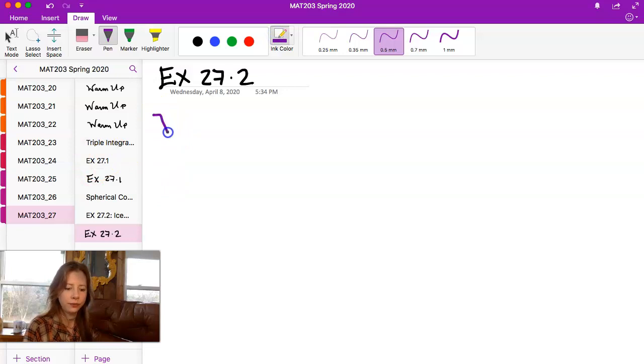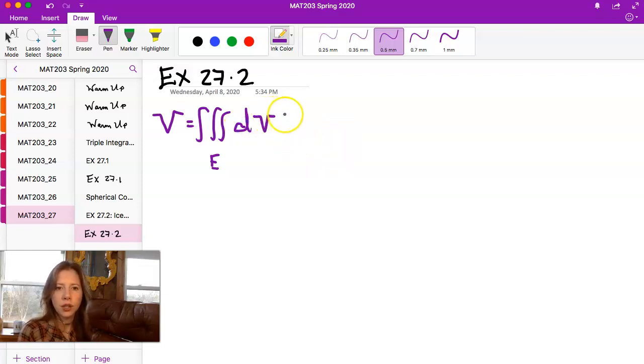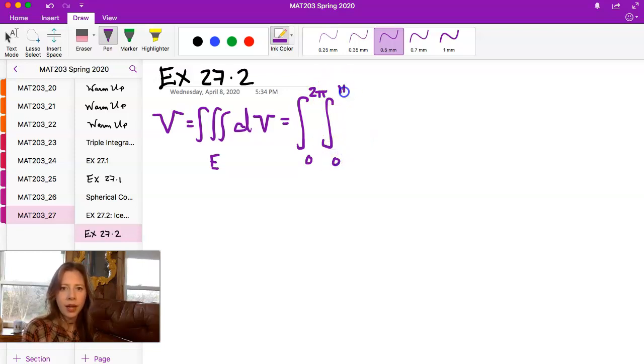So V is going to be the triple integral over E dV, which is going to be, we're going to go from 0 to 2 pi for theta, from 0 to pi over 4 for phi, and from 0 to cosine phi for rho.